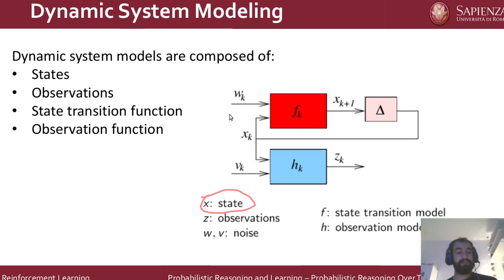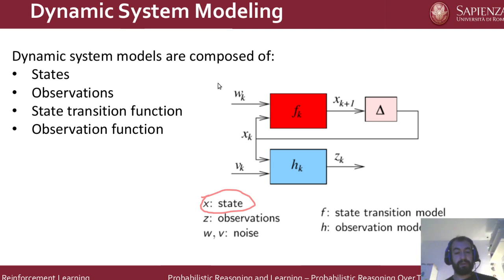Then we have state transition functions, which are functions that map states to states. And finally we have an observation function, which maps a state to an observation.